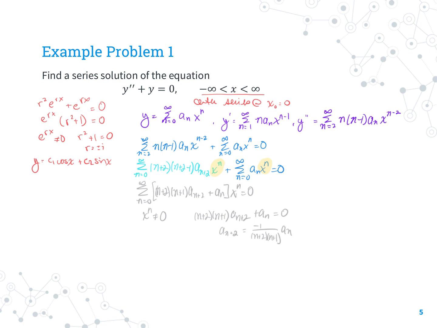And then we're simply going to start substituting in values for n and find the first few terms. This is called a recurrence relation. And I'm going to carry it over to the next page where we're going to start substituting in values of n.